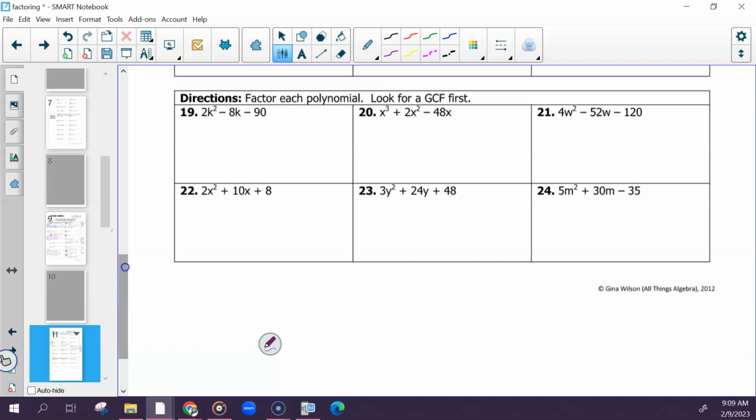It's something they each have in common. Divide them by 2. So that would be your GCF. If you divide them each by 2, what would be left?